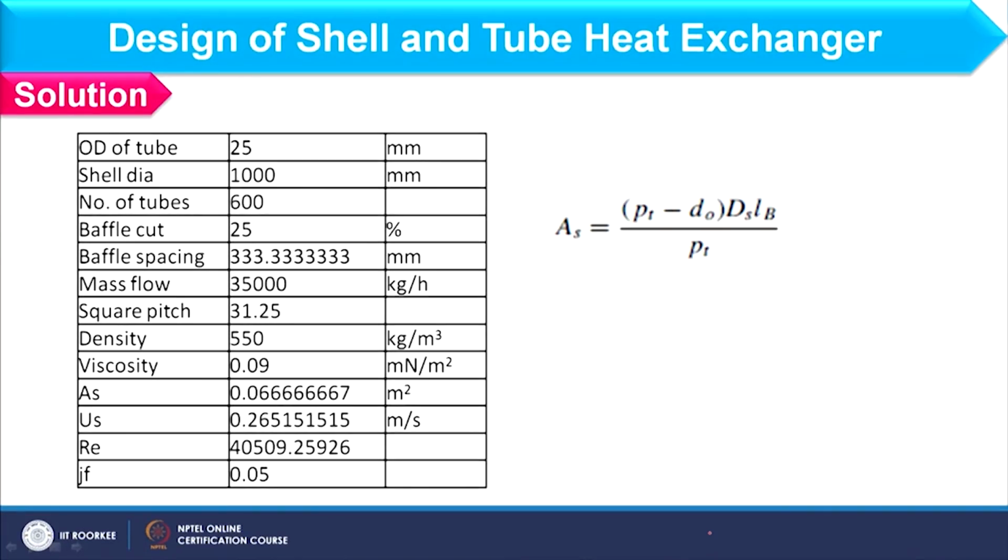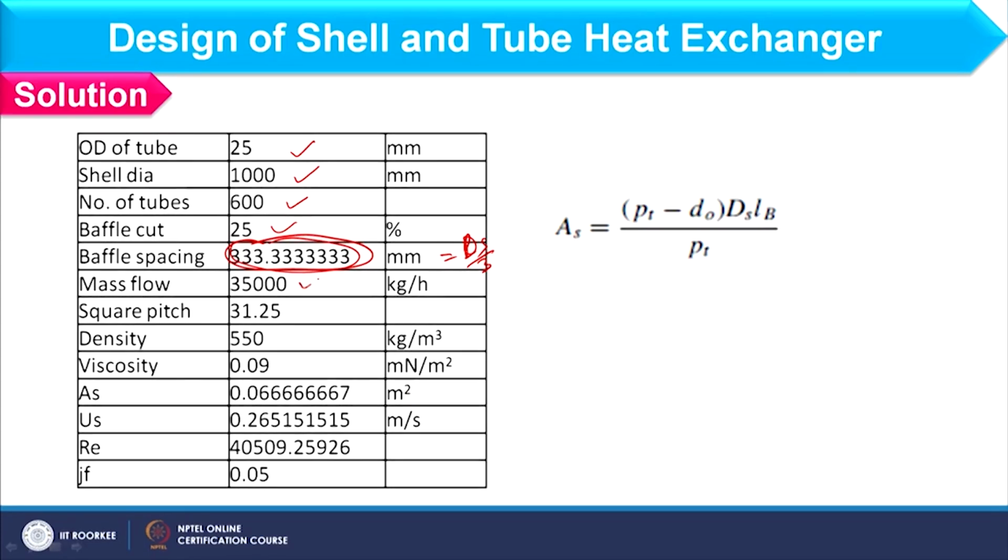If you see here, I have the OD of the tube as 25 mm, shell diameter 1000 mm is given, number of tubes are given as 600, baffle cut 25%, and baffle spacing, which is equal to DS by 3, right. So, 1000 DS is given, so 333.33 is the baffle spacing.